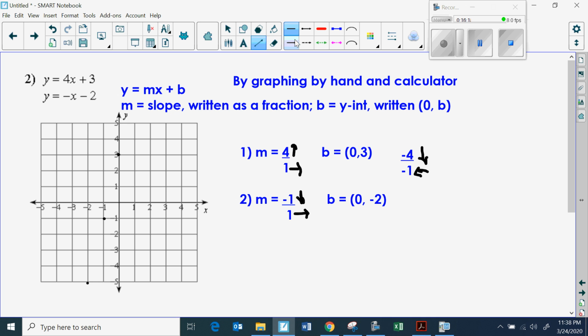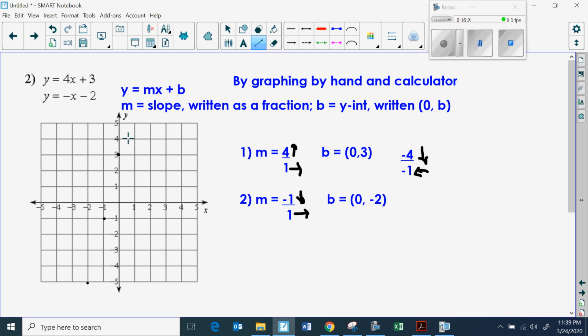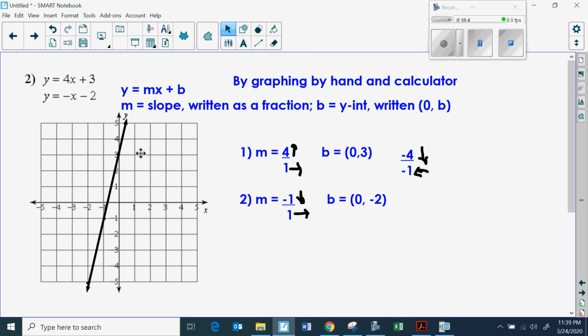So go ahead and draw a line through those. Okay, obviously I have to adjust it here slightly and slightly. Okay, that's pretty close right there. You have a ruler, you can do it.